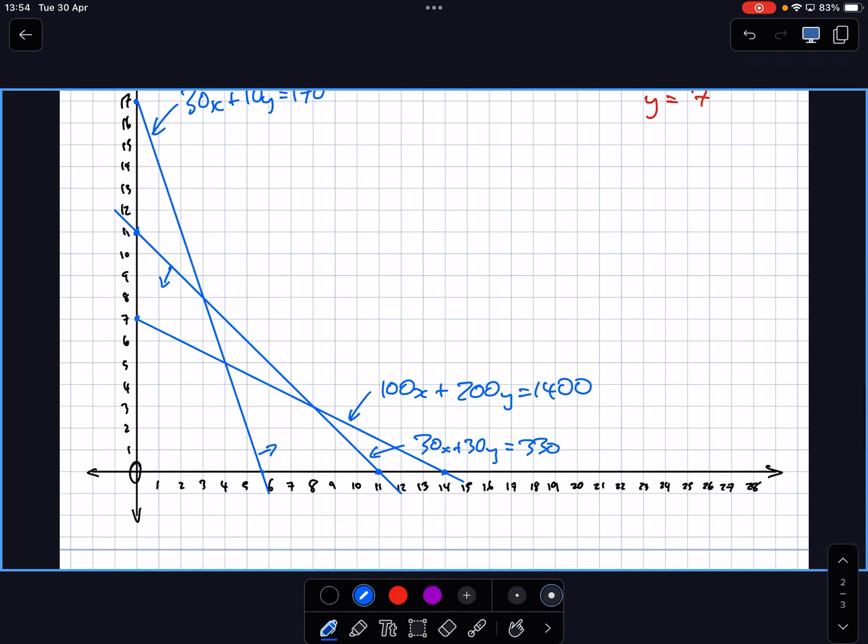So draw a little arrow to remind yourself you're going to colour in there. What is the only shape here that follows all the colouring in arrows? Above this line, but below this diagonal line, this little triangle here. So I'm going to colour that in.